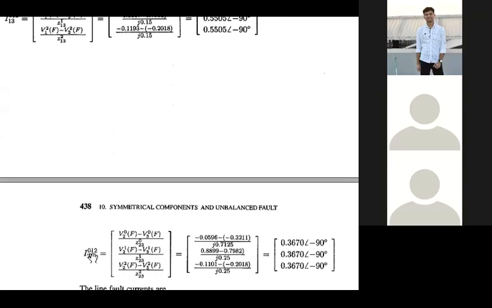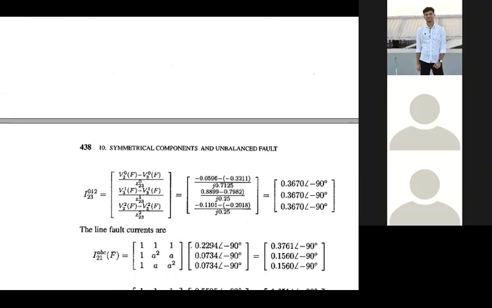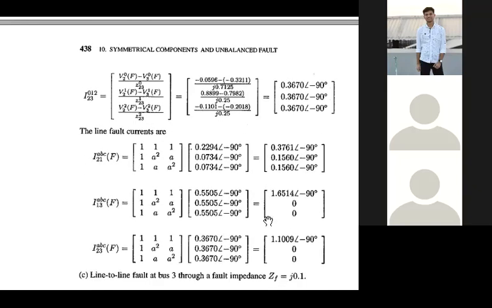All are now in 012 domain. If it is in 012 domain, your final target will be to shift to ABC domain. You can do that, right? Line current in ABC domain.